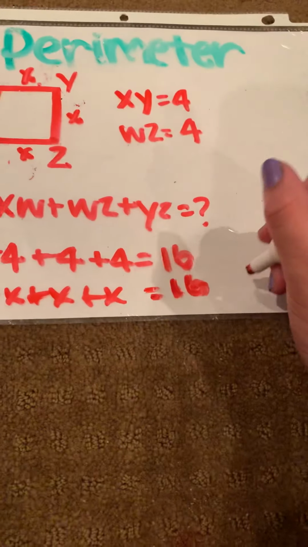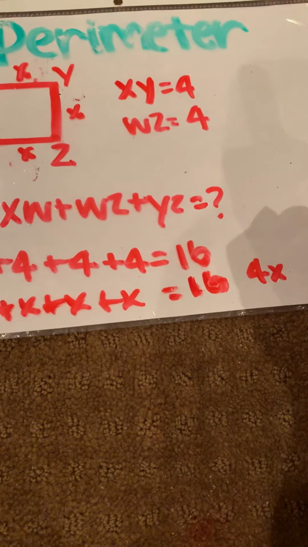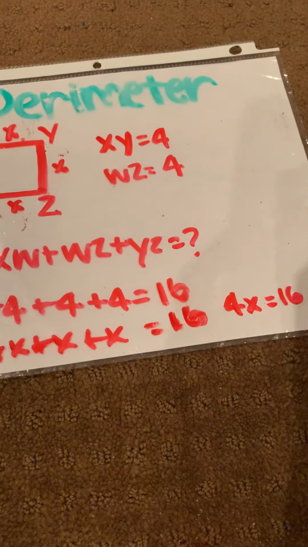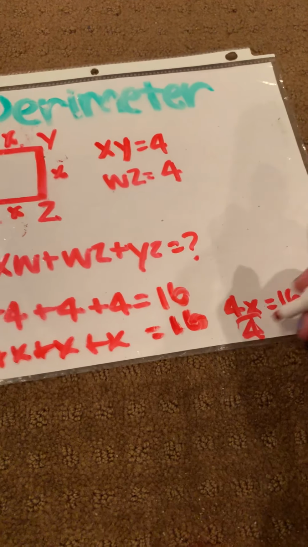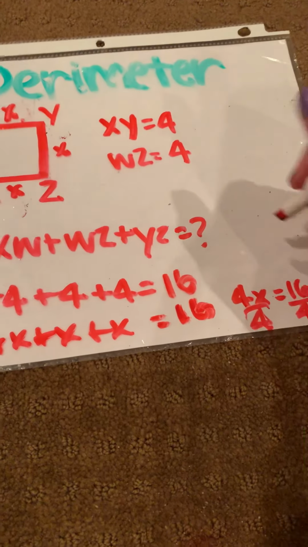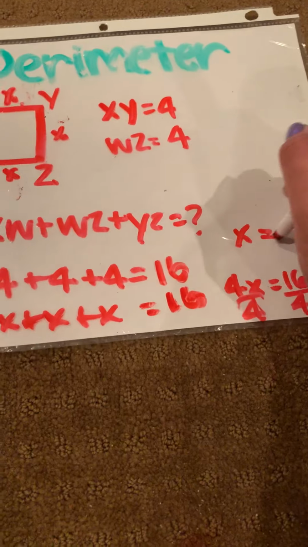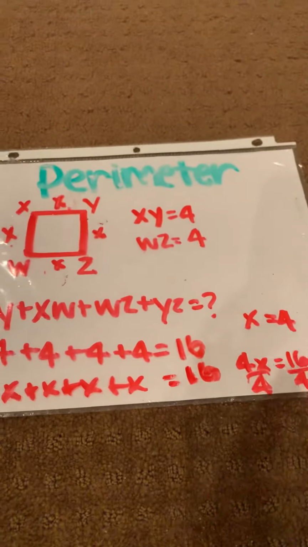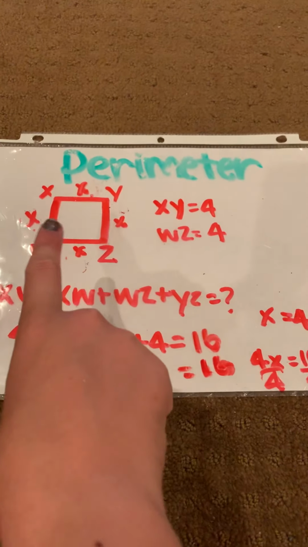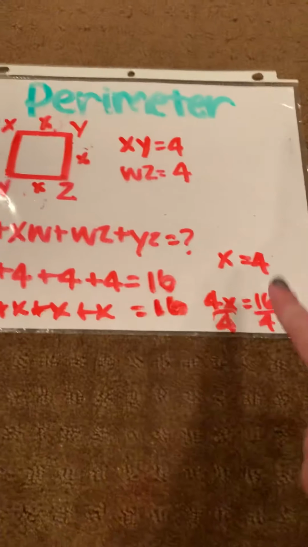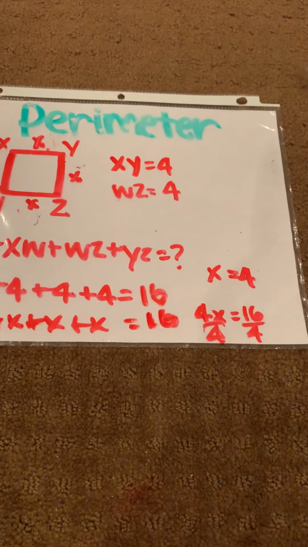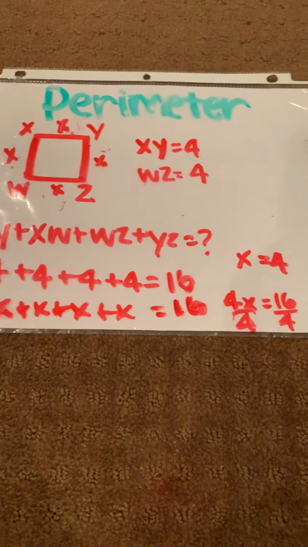Basically, that's the same as 4x is equivalent to 16, and we could divide by 4 and divide by 4 and find out that x is equal to 4, as in one of our sides and all of our sides are equal to 4. And that's how you can use perimeter to go backwards and forwards.